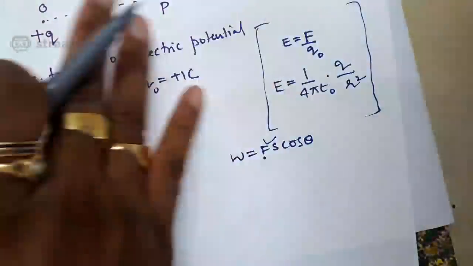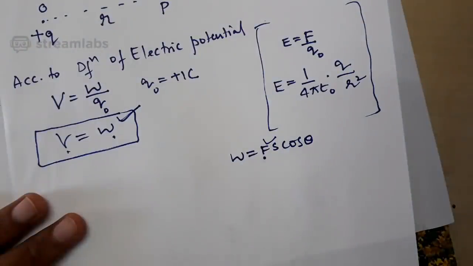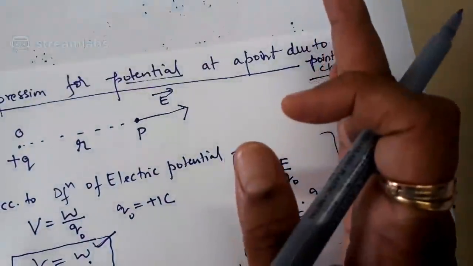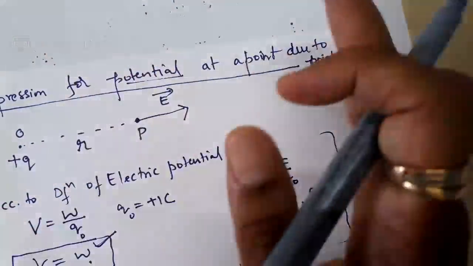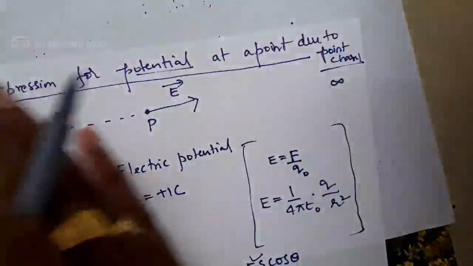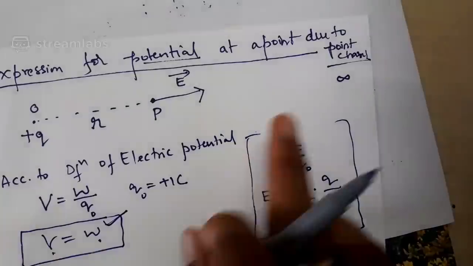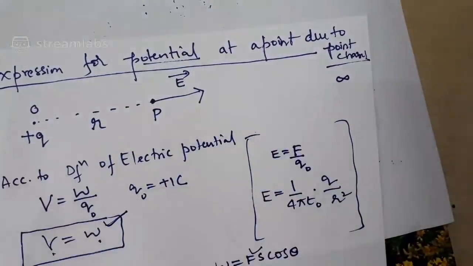Throughout the motion, don't you think you have to keep on increasing the force you apply? In the beginning you apply a very weak force in moving a plus 1 coulomb charge. As time passes, the force you are supposed to apply should increase, because when you bring a plus 1 coulomb charge nearer and nearer to the plus Q charge, the electrostatic force of repulsion increases. To balance that force, I have to apply a stronger force, right?